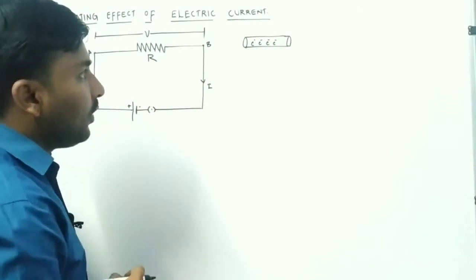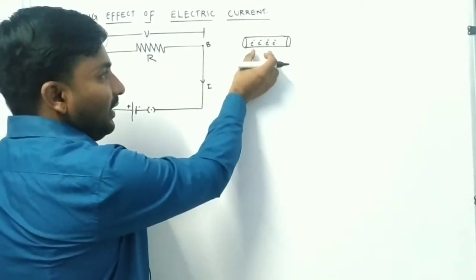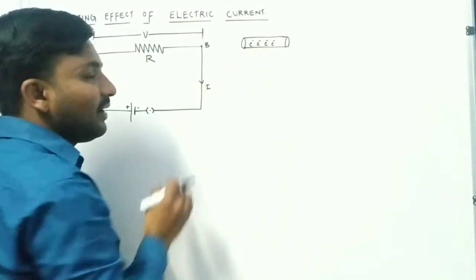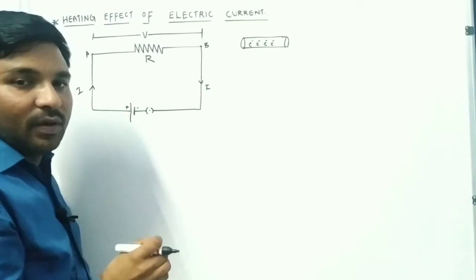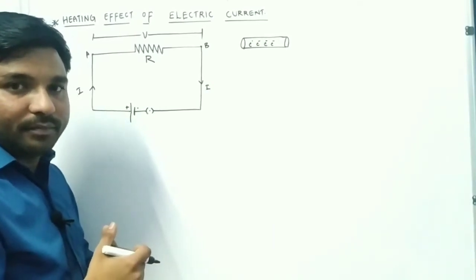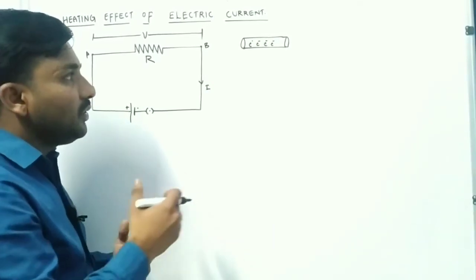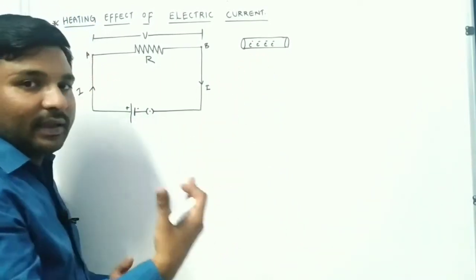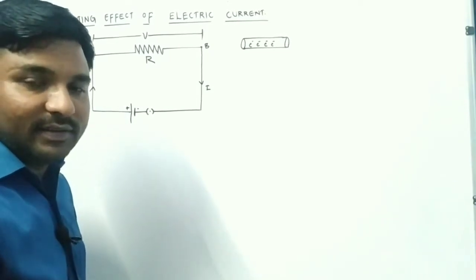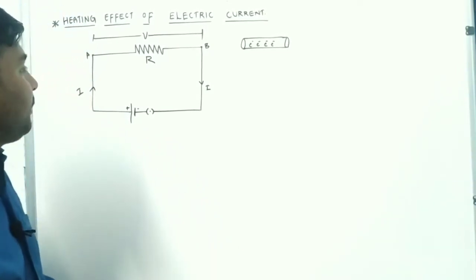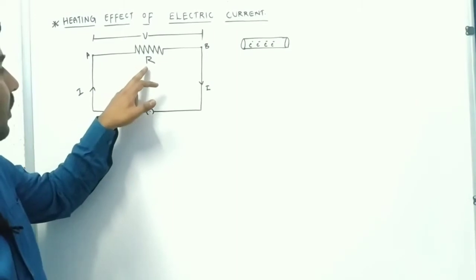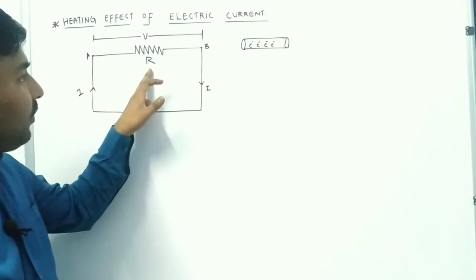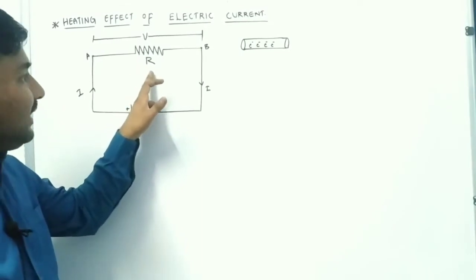Now, when the current is flowing in a conductor, these charges, that is the electrons, will collide with one another. Got the point? So, due to the collision, this conductor gets heated. So here, in a conductor, due to the flow of electric current, it gets heated.